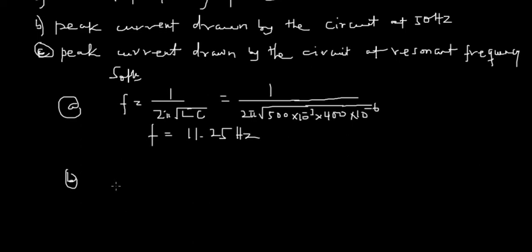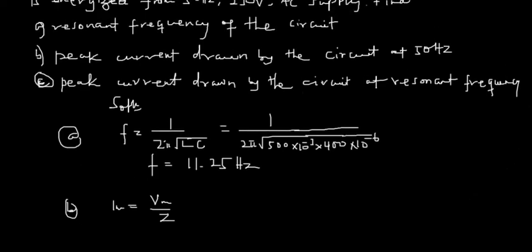This is how we represent our peak current: Im equals Vm over the impedance Z. We already know this formula. All we have to do is find our impedance, and we've already been given Vm.